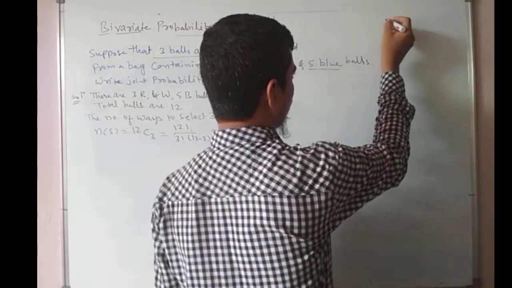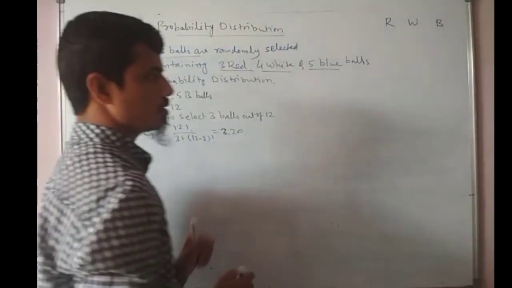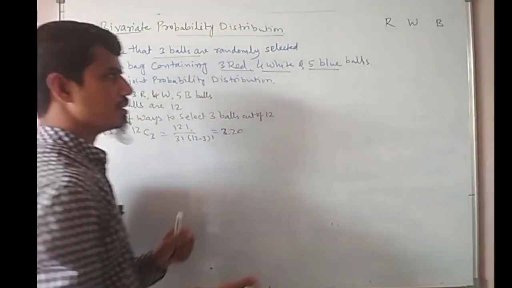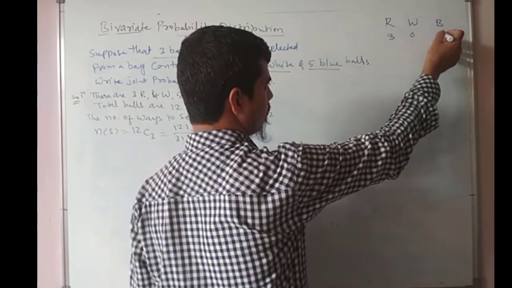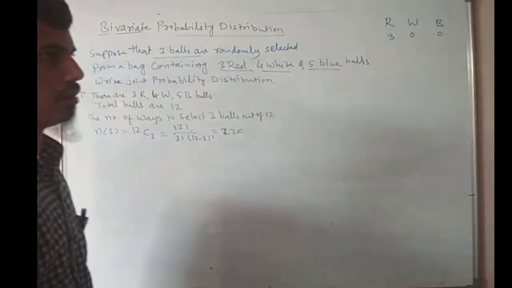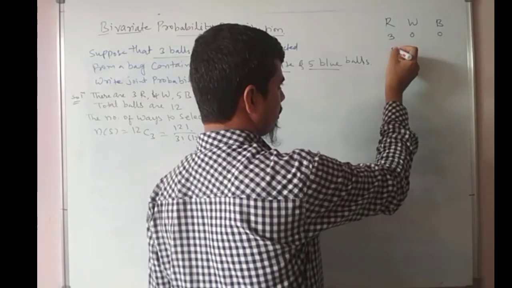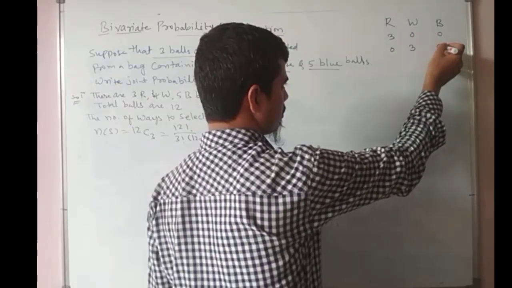So see here, we have the red ball, white ball, and blue ball. What are the different possibilities? Just list out some possibilities here. Either you can select all 3 red, so there are 0 white, 0 blue balls. That is one way to select all 3 balls. Or you can select 0 red, 3 white, all 3 whites and 0 blue.